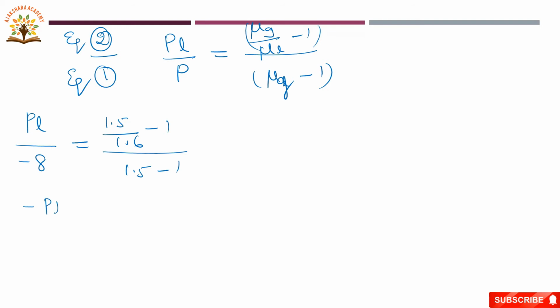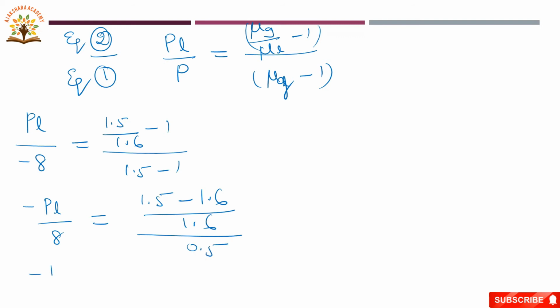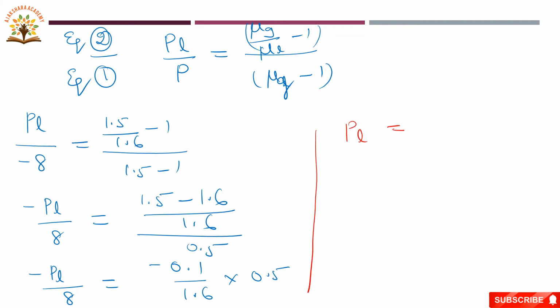So minus PL by 8 is equal to, now taking LCM, 1.5 minus 1.6 by 1.6 by 0.5. So this can be written as minus PL by 8 is equal to minus 0.1 by 1.6 into 0.5. The minus signs cancel.